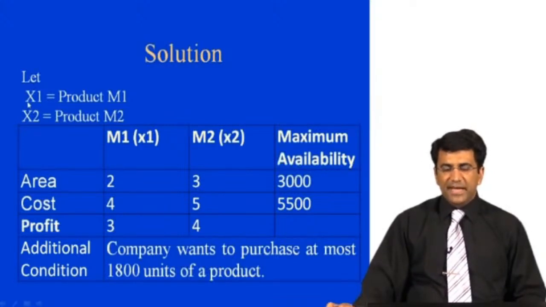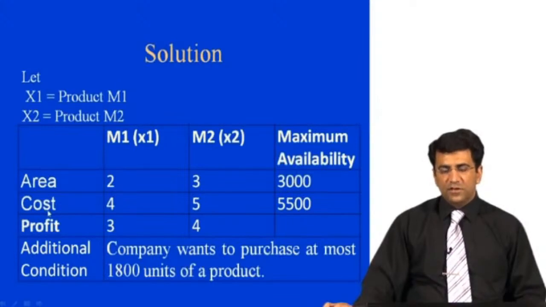So suppose that x1 is the total number of products M1 produced and x2 is the total number of products M2 produced. Then the area limitation is given as 3000, and of course we cannot go beyond that limit of 3000. So in this particular case, our constraint inequality will be 2x1 plus 3x2 less than or equal to 3000.